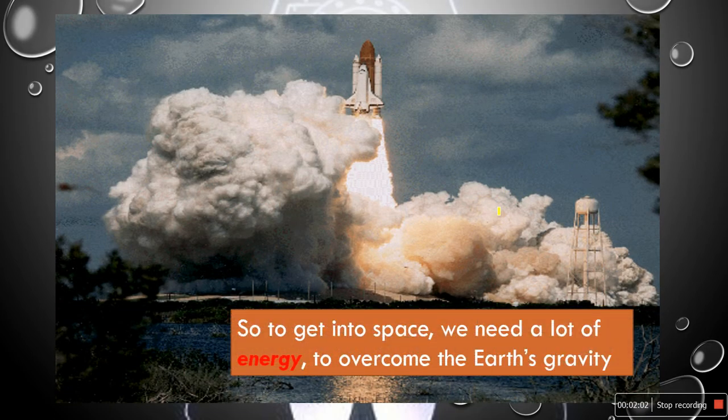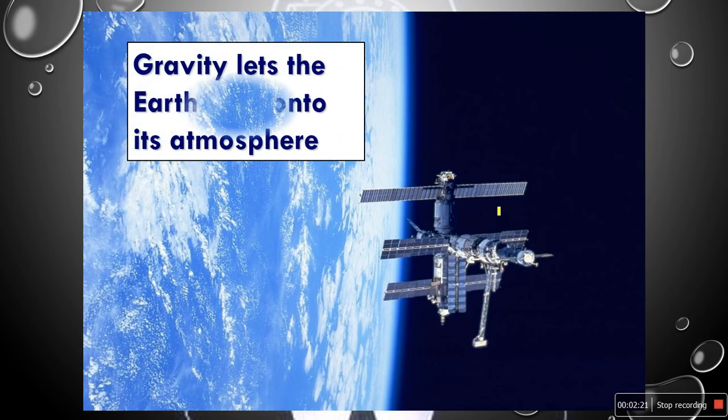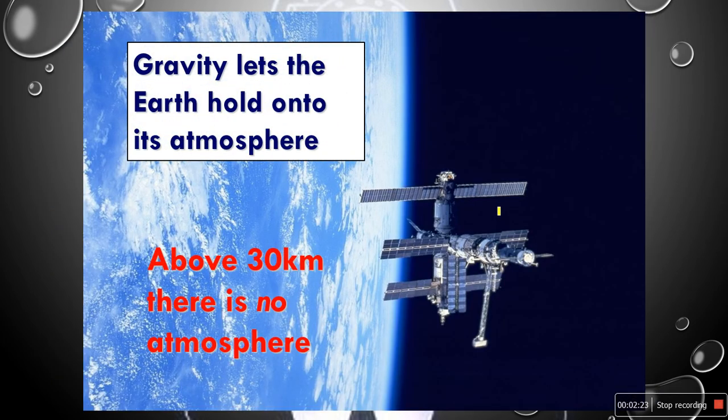Okay, we know that a rocket engine can travel in vacuum also. To get into space we need a lot of energy to overcome the earth's gravity. So the main purpose of a rocket engine is to produce high thrust to overcome the earth's gravity. Above 30 kilometers there is no atmosphere, so as I told in the previous slides, we carry an oxidizer tank.